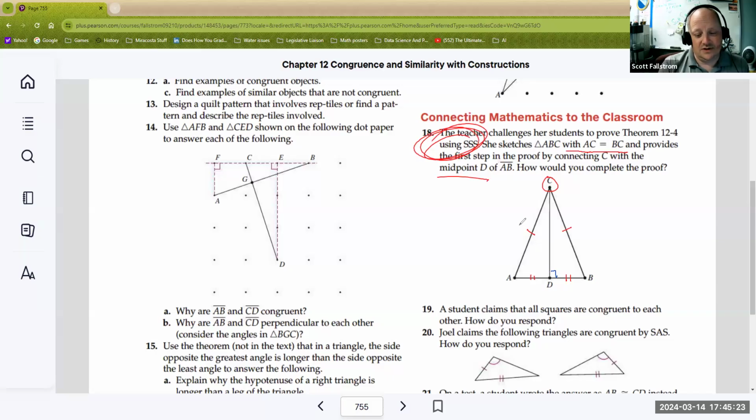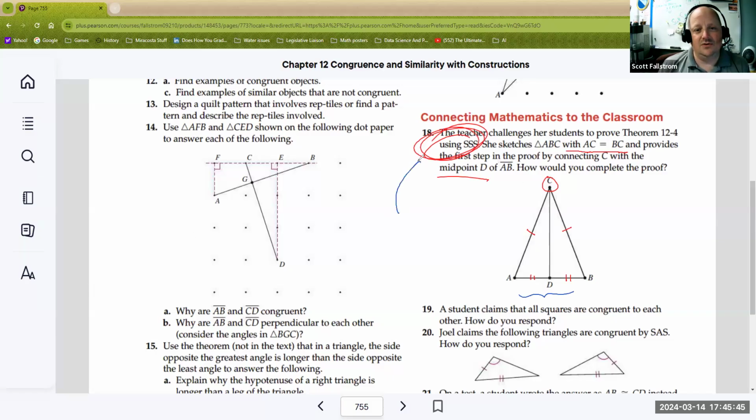All you know is that you connected it to the midpoint. So the only thing I can do is label the midpoint. It may turn out that they are perpendicular, but we cannot guarantee it by just drawing the line segment. So make sure that you take a look at that.